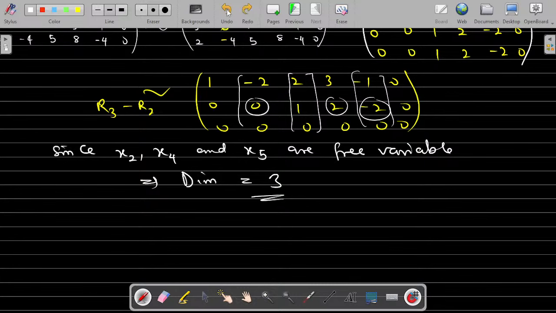Let me use red for that one. You can also see that this one is a multiple of this one. Okay? So you can also strike out one of it. So our basis is going to be the set of the first one here.